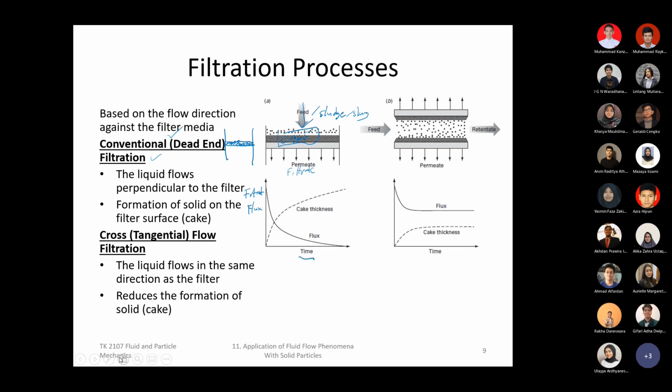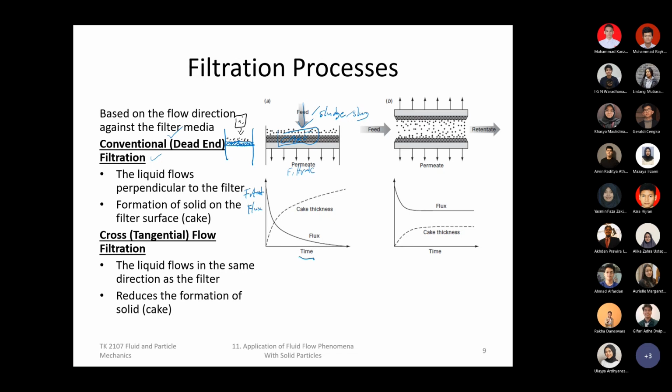Initially the filter is clean, because we haven't removed anything from the feed. But along the time, because of the operation, the feed that contains some particles is sent towards the filtration media, and now it starts to build up the cake over the filter.